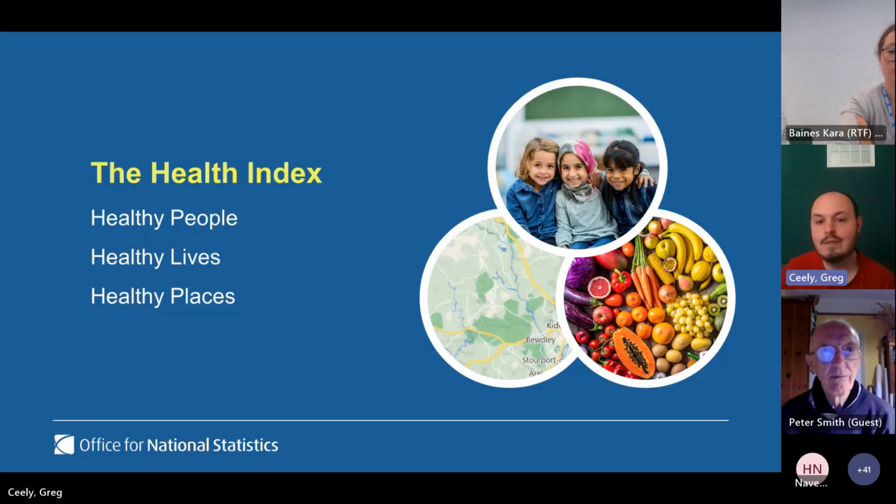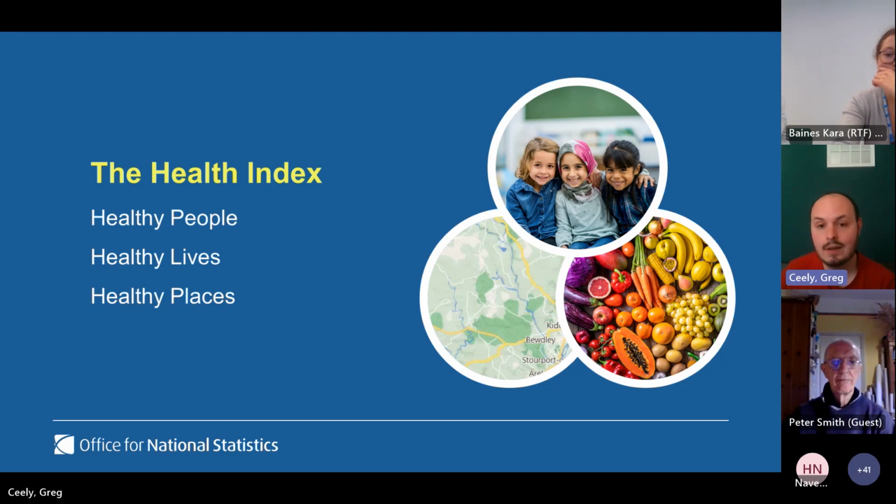Using both this WHO definition and Dame Sally's initial vision, we aimed to produce a health index which describes health in its broadest sense and asks, are people in this area healthy? Do they lead healthy lives? And do they live in healthy places? It needed to provide an independent view of health in your area, again achieved by ONS being the ones to take it forward, and compare health over time across geographies and across different dimensions of health.